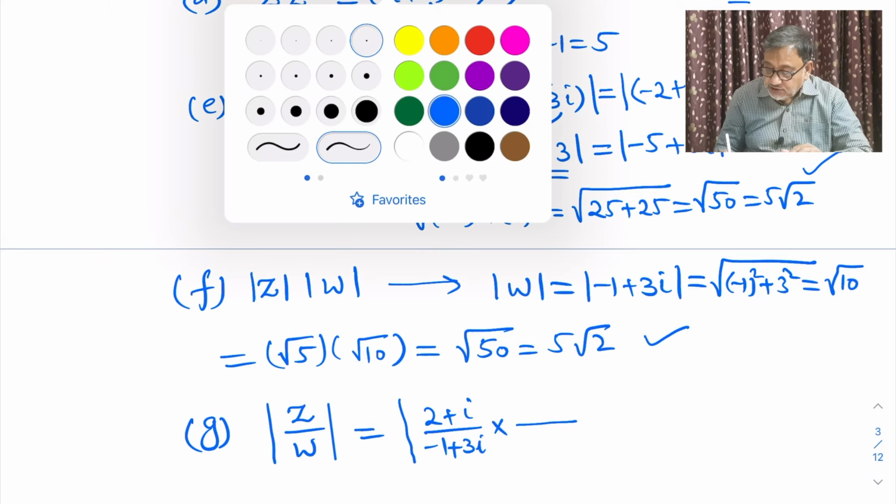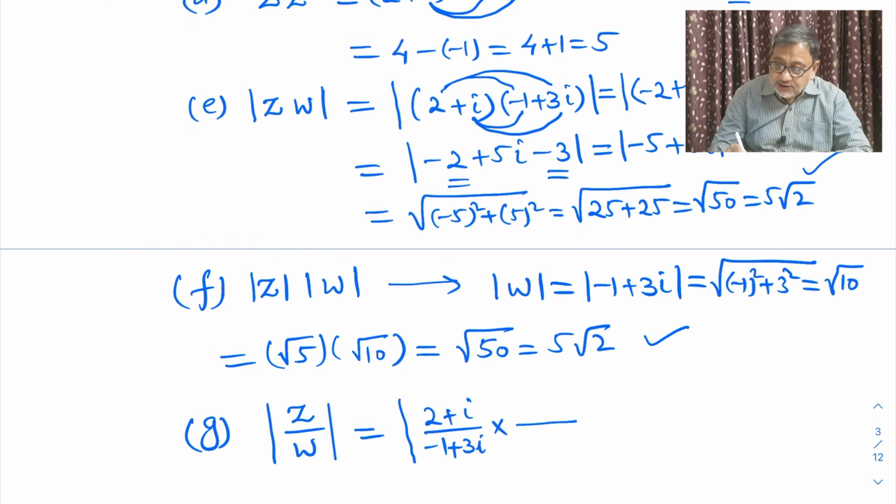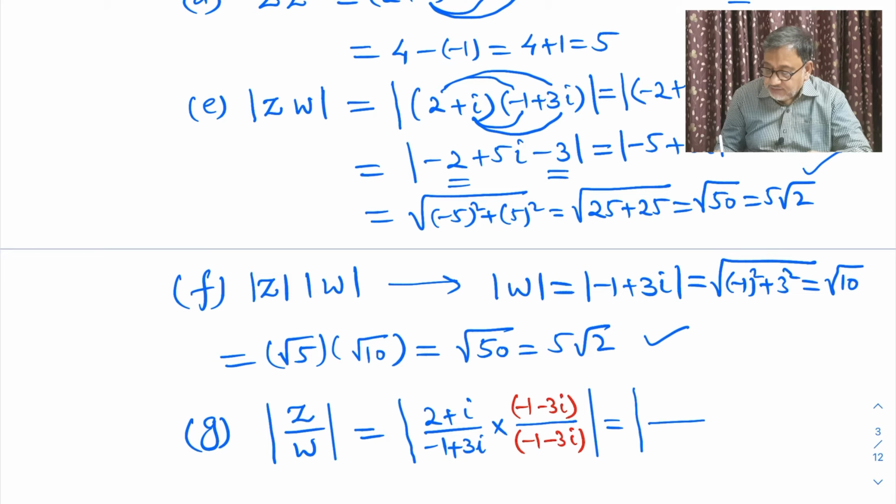Now I will first multiply by the conjugate of w, because whenever you have a complex number in the denominator, you should multiply it by its conjugate. Multiply and divide. So what will be its conjugate? Just change the sign of the imaginary part. So I have just changed the sign of the imaginary part.